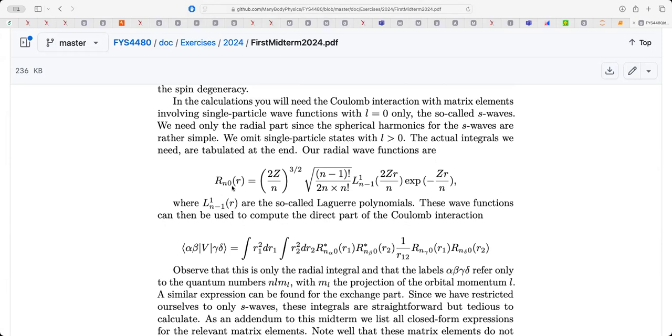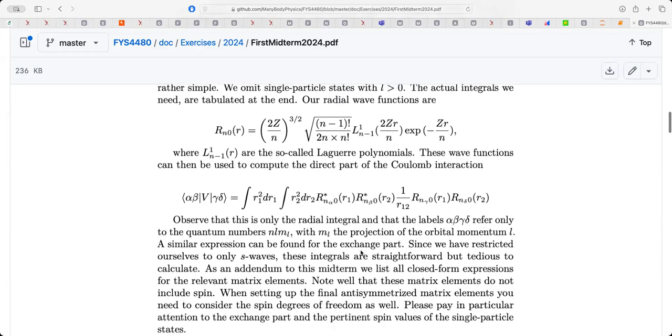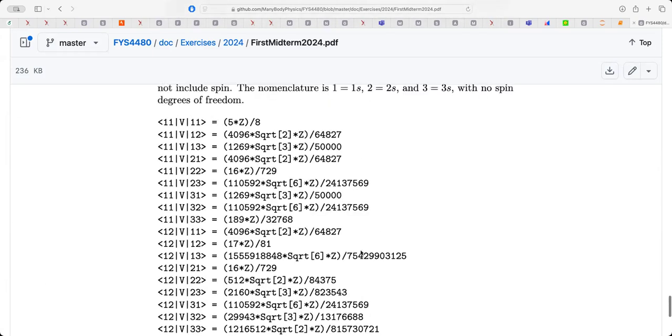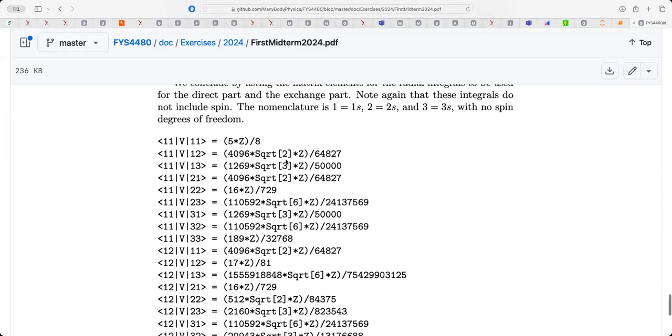So when you translate everything into spherical coordinates, these integrals which you see here are then given by analytical expressions, which I actually calculated with Mathematica. At the end of the document, you will find a table with all the analytical expressions.